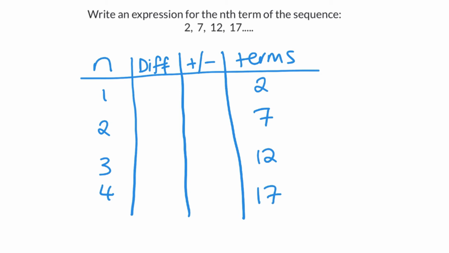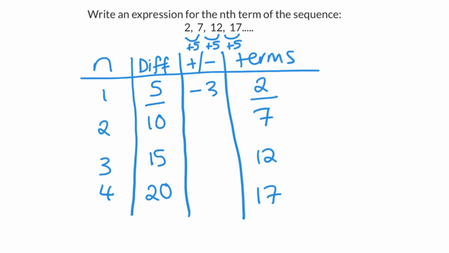So let's calculate the difference between our terms. Each time we are adding 5 here to get to the next term. So in our difference column, we're going to times the term numbers by plus 5. So 1 5 is 5, 2 5s are 10, 3 5s are 15, 4 5s are 20. So now we need to plus or minus a number to get from 5 to 2. So we're going to minus 3.